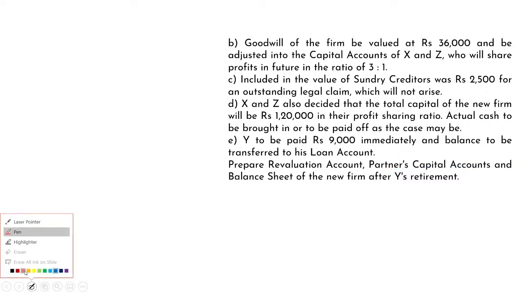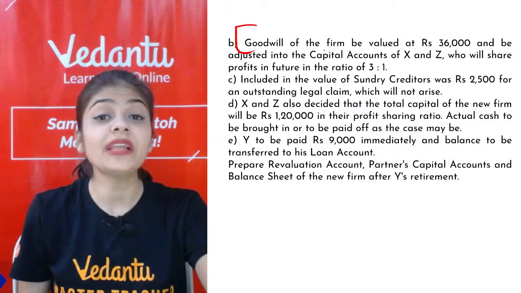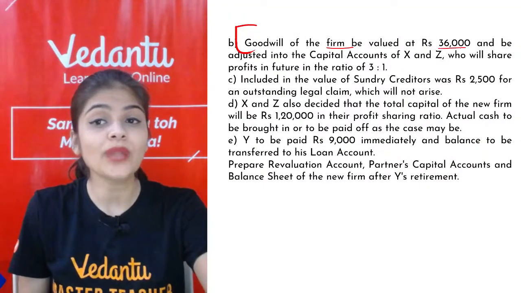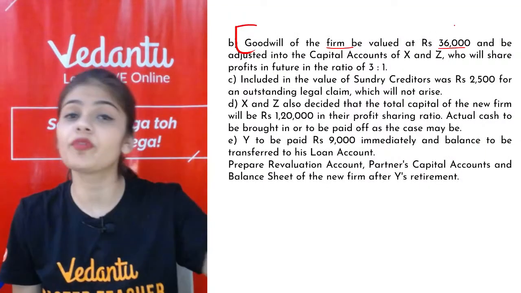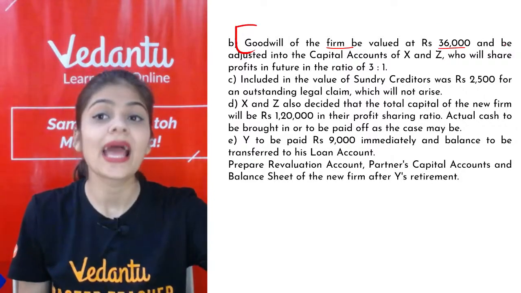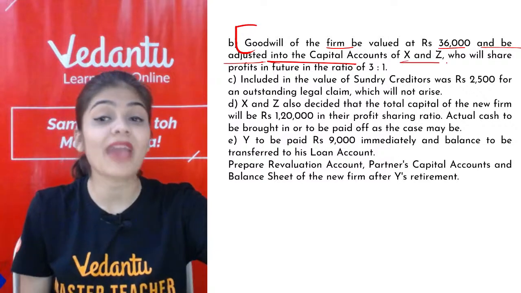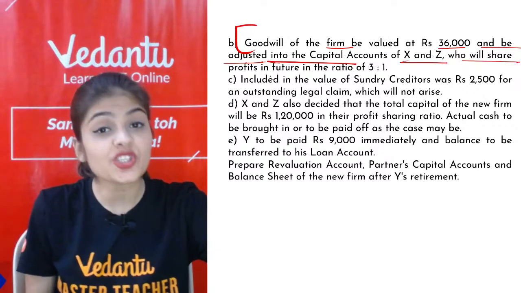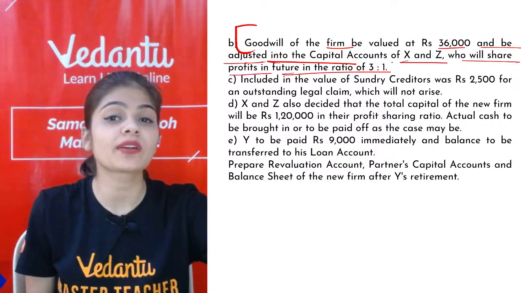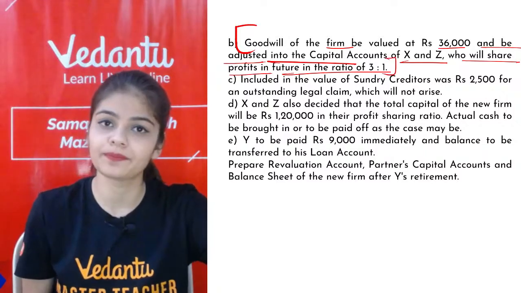Your second point says that the goodwill of the firm be valued at 36,000. The total goodwill of the firm is 36,000 and it has to be adjusted into the capital accounts of X and Z, who will share profits in the future ratio 3:1.